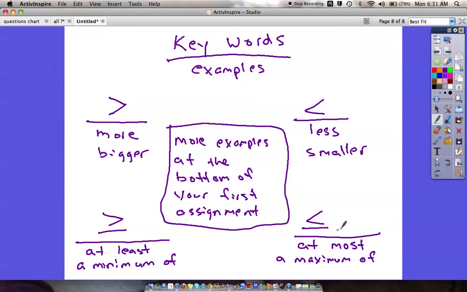So these are going to be kind of tricky, and you'll have plenty of examples to help you figure out. But the key to this, after you write your inequality, go back to the situation and choose numbers that would fit the situation. Then go back to your inequality, put the numbers you picked in, and make sure that it makes sense.